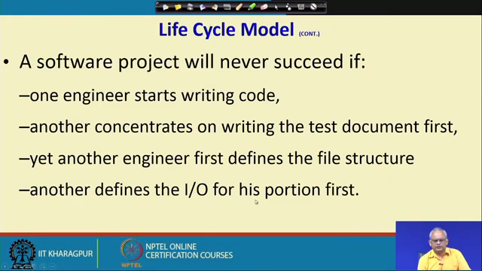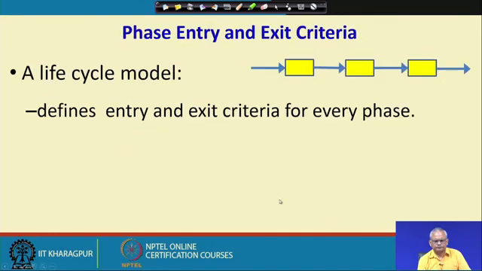Then this type of project is destined to failure, because they are doing very different activities, and when the specification is done by one programmer, the other programmer has already written the code and so on. Every life cycle model, as we were saying, consists of a set of phases.